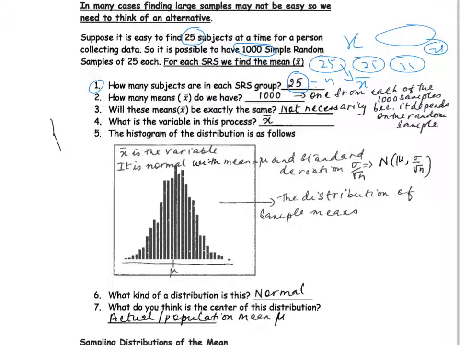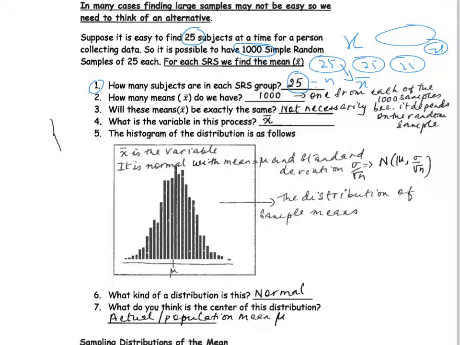Will these means be exactly the same? The answer is no, because each is a separate simple random sample and there is variation among samples, so the means of these samples are going to be different.